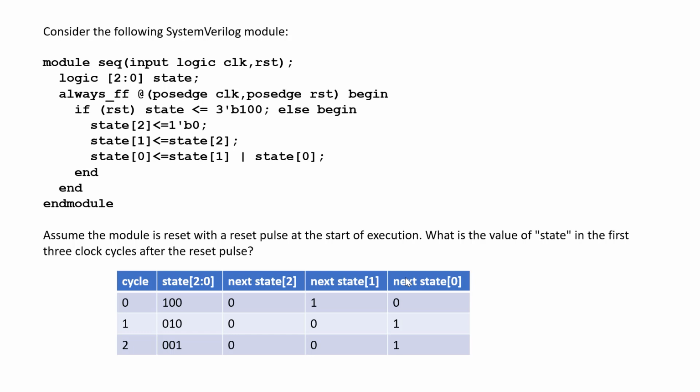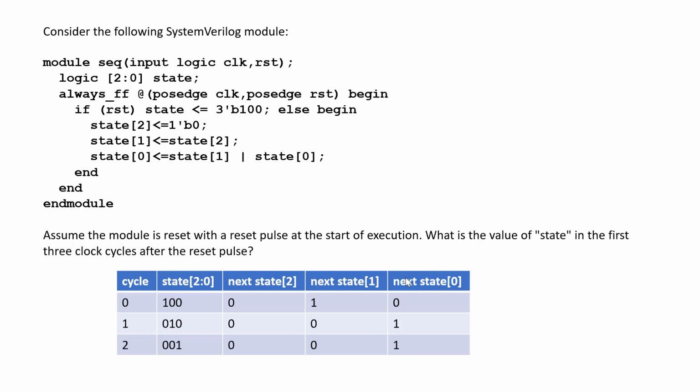So that 1 gets transferred over here. The previous value of state bit 2 gets put into next state bit 1. And then next state 0 is going to be the old state 1 or the old state 0. So you take the 2 low order bits here, 0 or 0, and that's 0. Then you transfer this value, 0, 1, 0, down to the state in cycle 1.